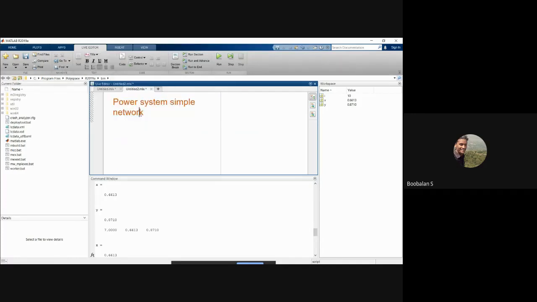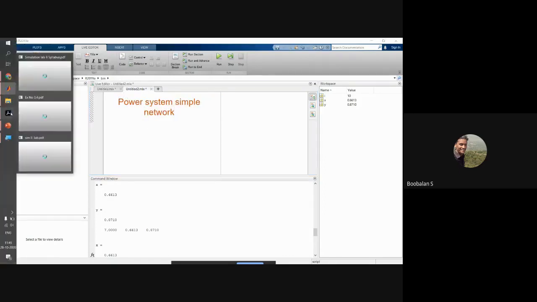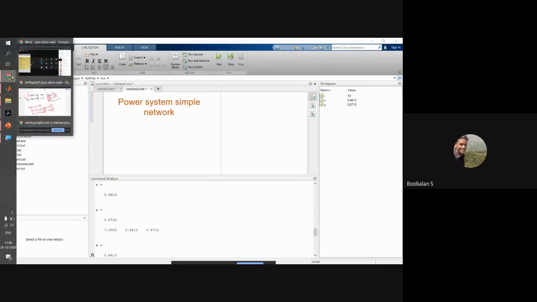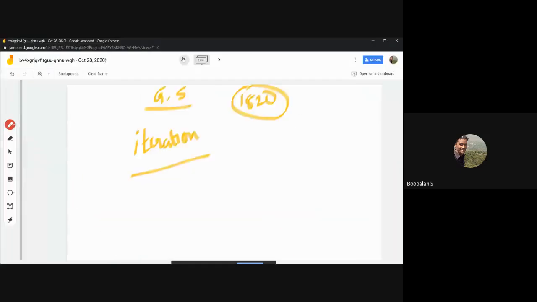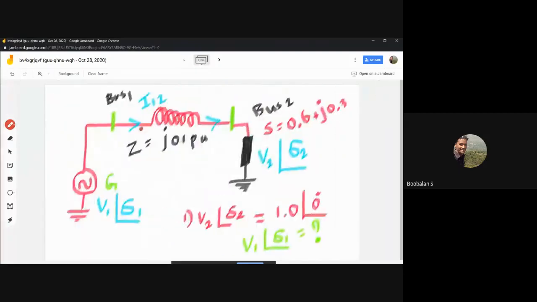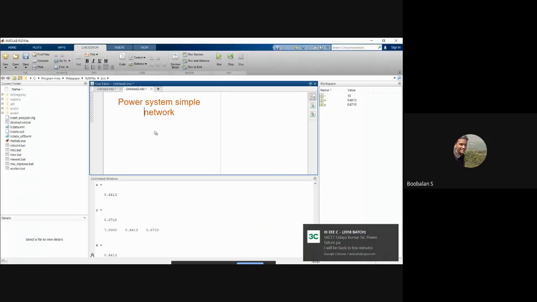I guess we couldn't import the image. Anyway, we'll try. Actually, we have drawn our simple network over here, this sort of simple network. We couldn't select it, and this was a simple image, right? And we are going to use this one over here.